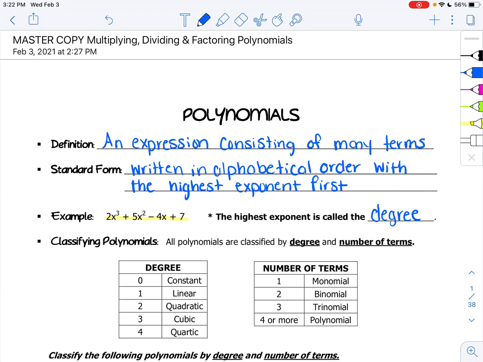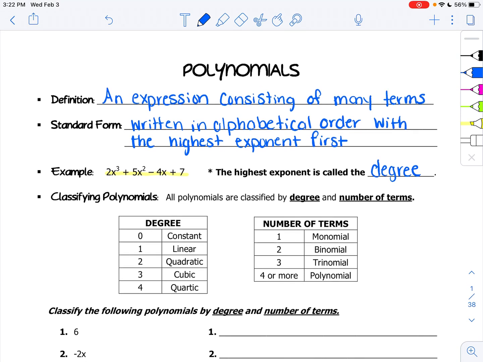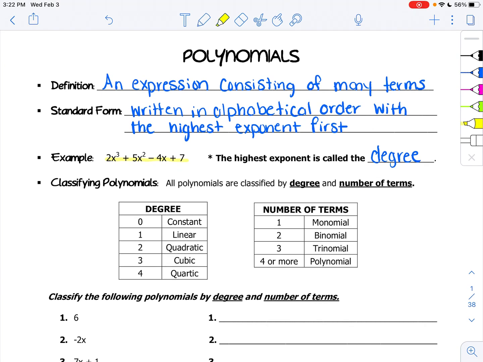So we can classify a polynomial based off the number of terms. So this example has four terms. And we can classify it based off of the degree, the highest exponent used in that polynomial. When you're classifying a polynomial based off of the degree, you can classify it as either a constant, so that's just if you have like the number 5.